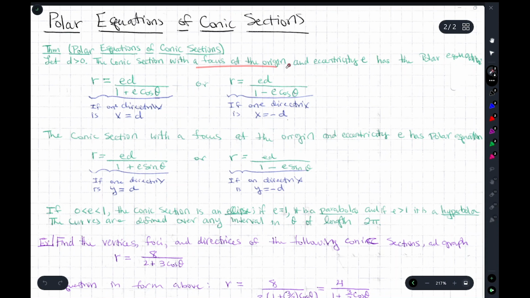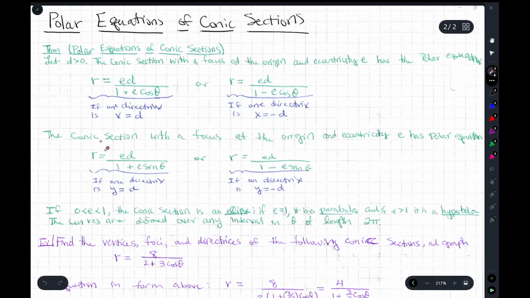The conic sections with a focus at the origin, so you get one focus at the origin, and eccentricity E, has polar equation this or that if the directrix is either at x equals d or x equals negative d. So you get these two equations depending on if the directrix runs vertically at x equals d or x equals negative d.